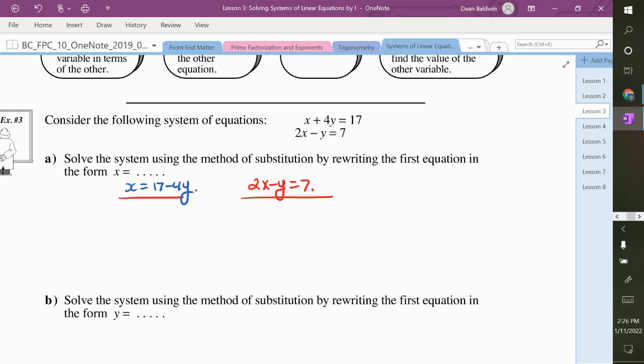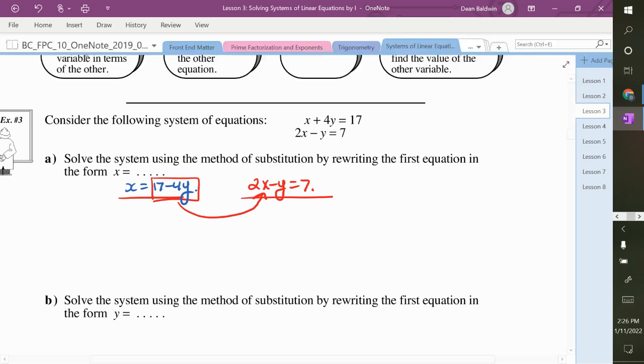The whole purpose of this method that you're going to learn, called substitution, is to make one equation with one variable. That's your whole goal here. So the fact that we solved for x means that x equals 17 minus 4y. So what I want to do is take this and substitute it in, hence the name substitution, into the other equation for x.